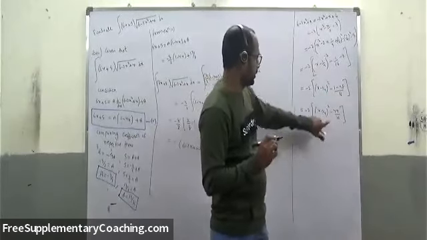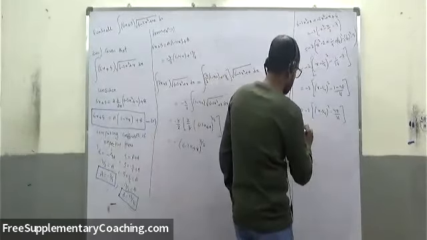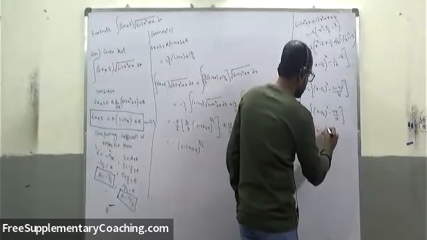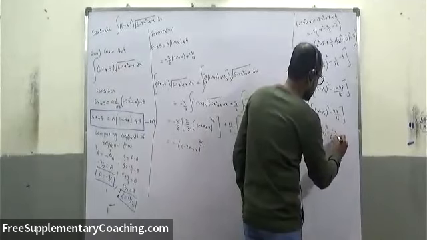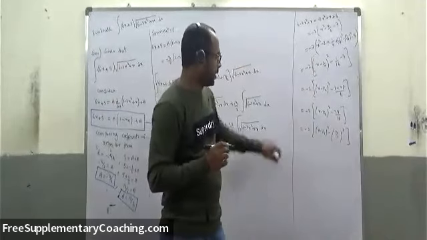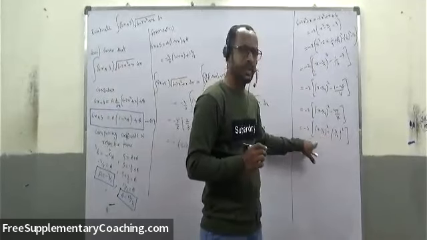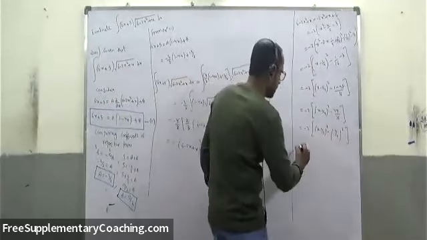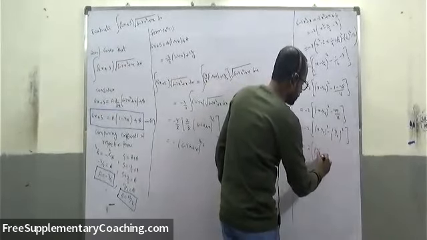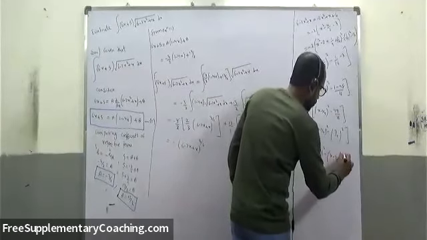This 49 by 16 I can write as minus 2 times x minus 1 by 4 square minus 7 by 4 square. If you take this minus sign inside the bracket, these terms interchange their positions. So I can write this as 2 in the bracket, 7 by 4 square coming first, minus x minus 1 by 4 whole square.